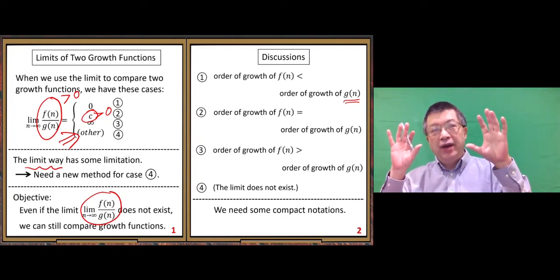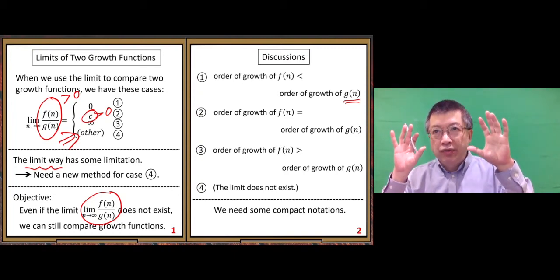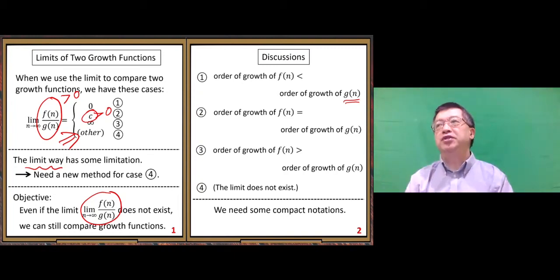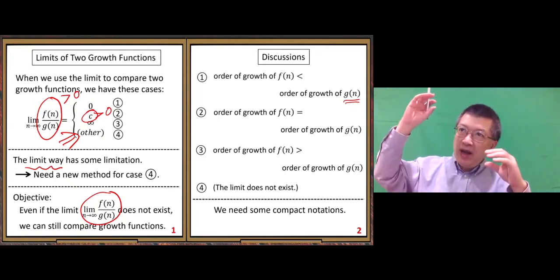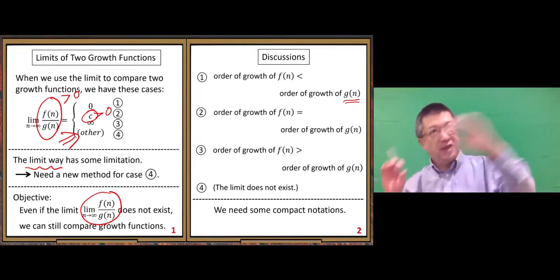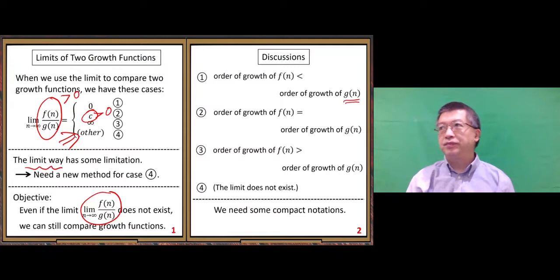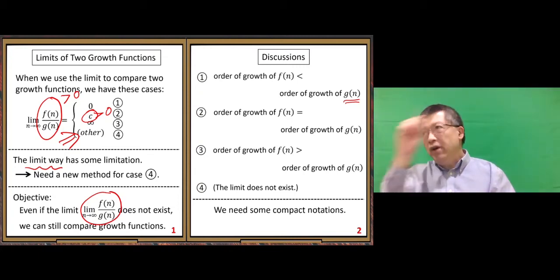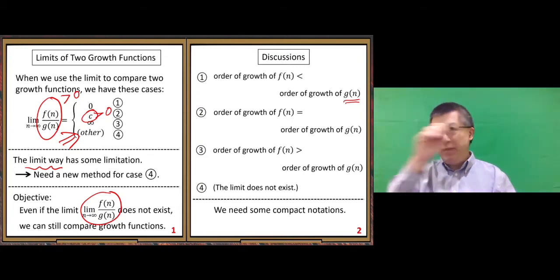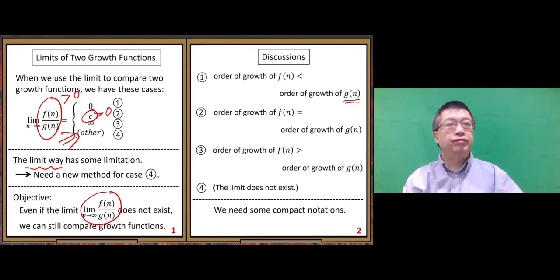We compare order of growth of functions. So greater than, equal, less than, right? That kind of relationships. We need to write many words, right? That's not efficient.